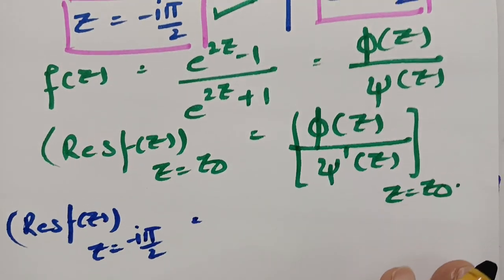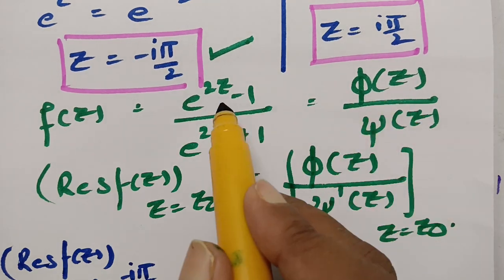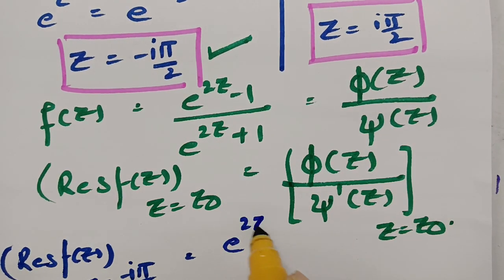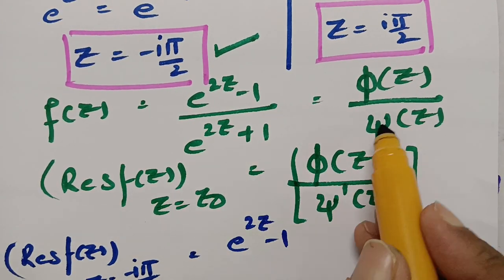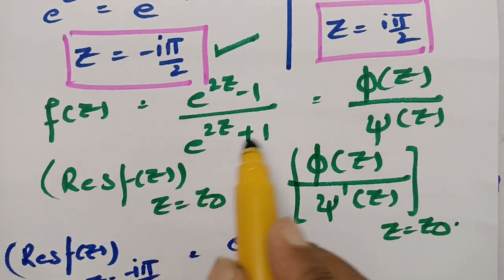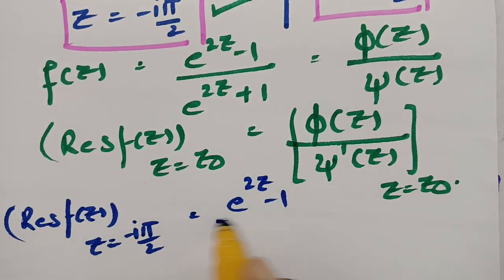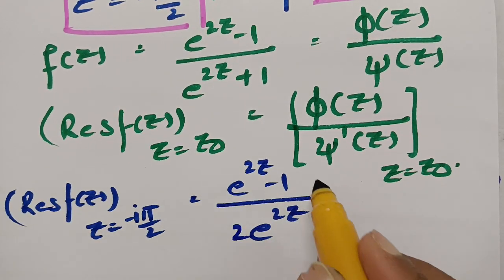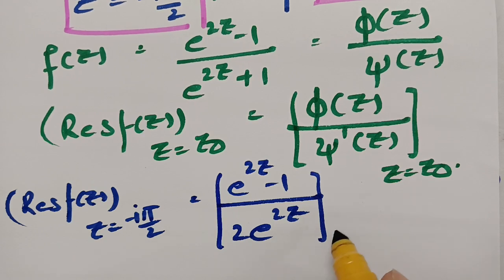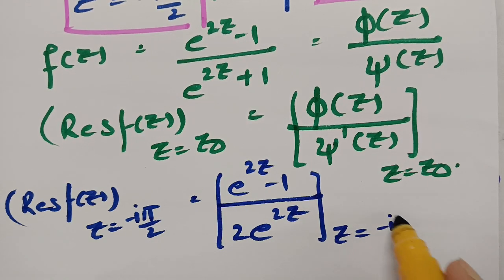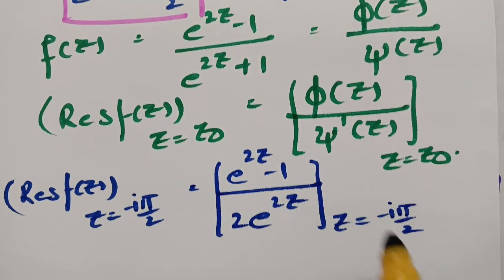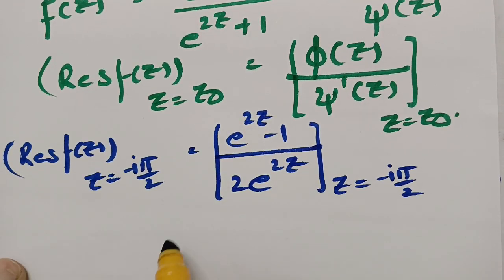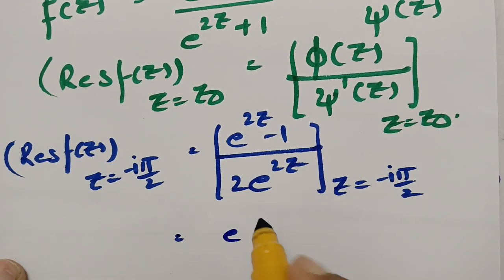So what is our phi of z value? Phi of z is e^(2z) minus 1, and for psi of z, we have to take the derivative of the denominator. For e^(2z), it is e^(2z), and again the derivative of 2z gives 2, so we have to keep 2 here. The point here is z is equal to minus iπ/2. Wherever I find z, I am going to substitute minus iπ/2.